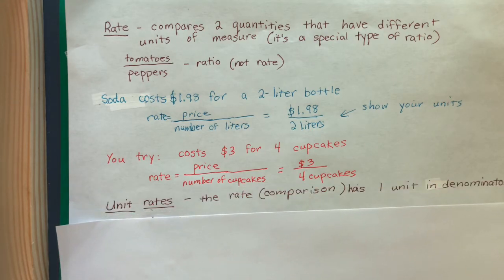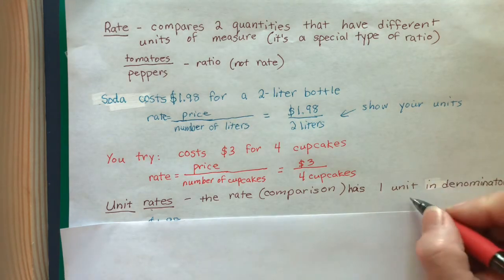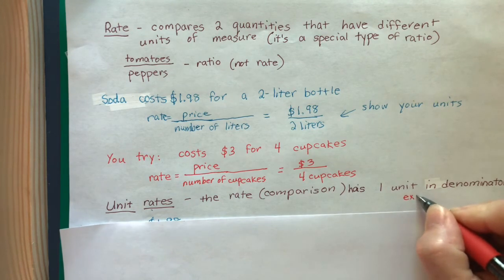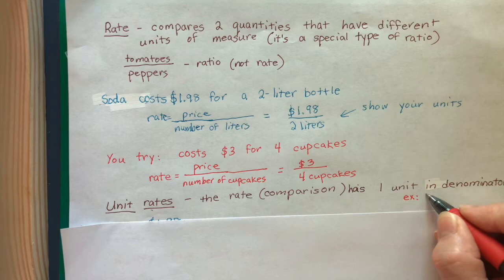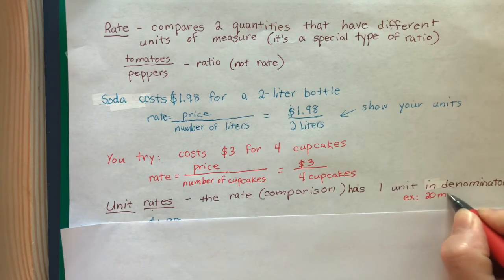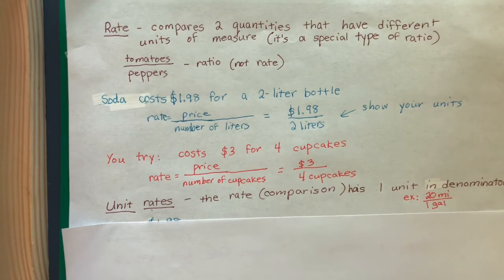Now let's look at what a unit rate is. This may sound complicated, but it's really not. A unit rate is a rate or comparison that has 1 unit in the denominator. An example might be if a truck gets 20 miles per 1 gallon of gas.